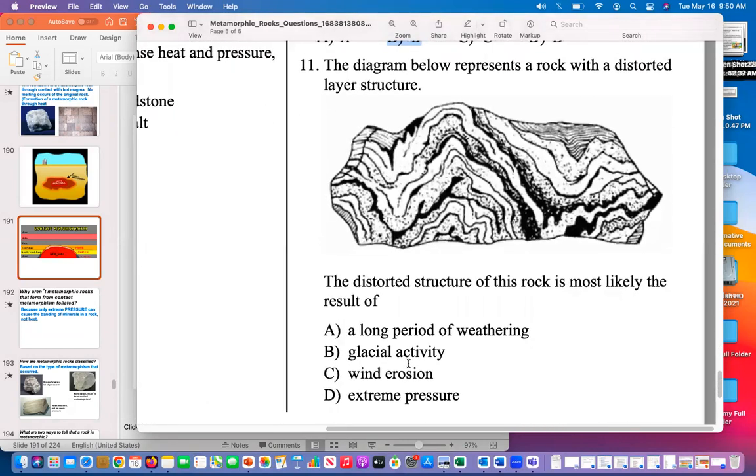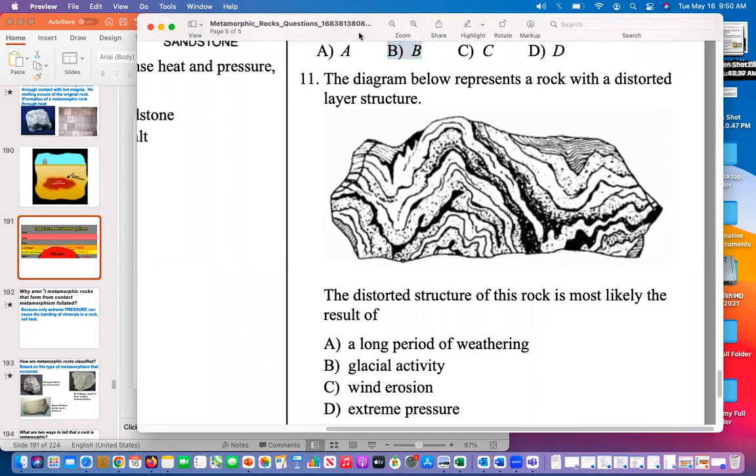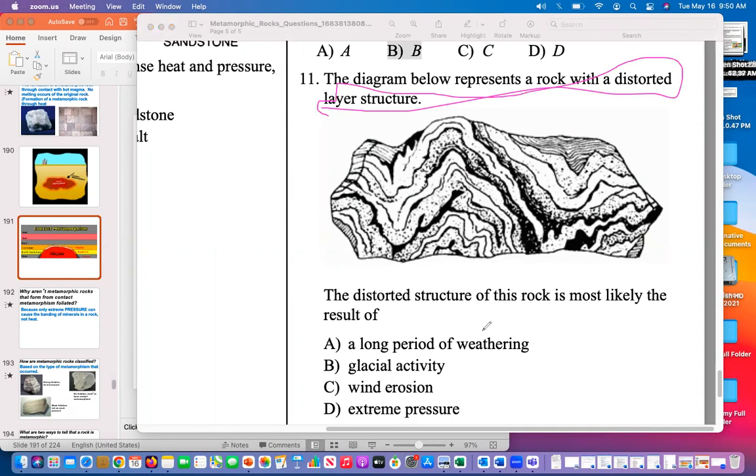And last, number 11. The diagram below represents a rock with distorted layer structure. The distorted structure of this rock is most likely a result of what?